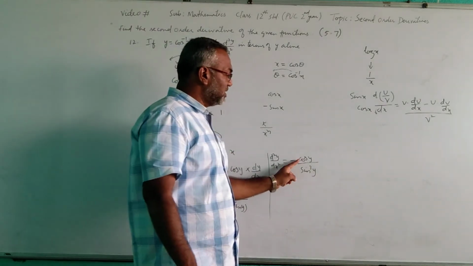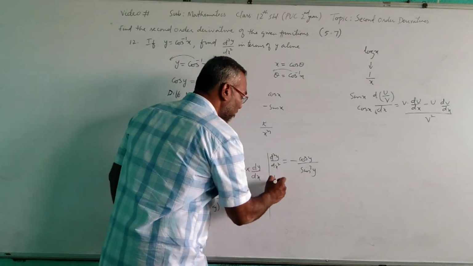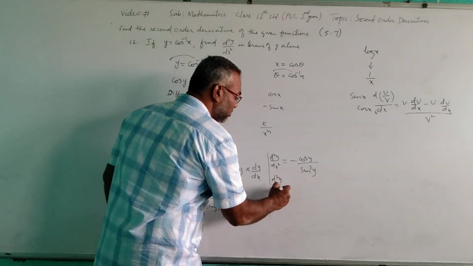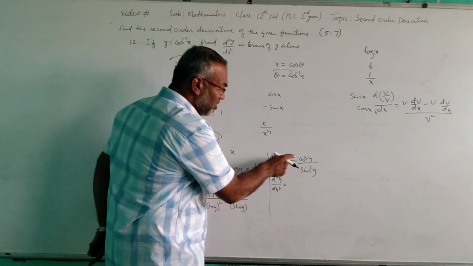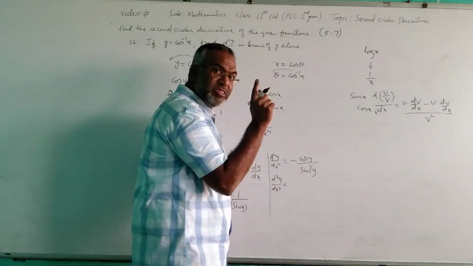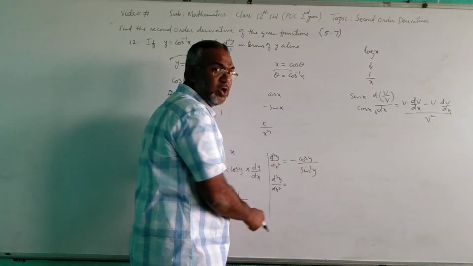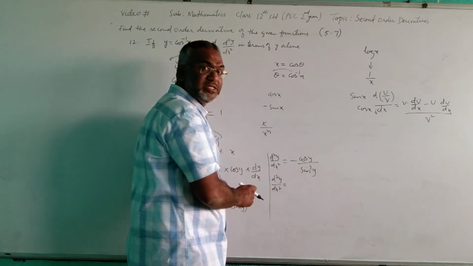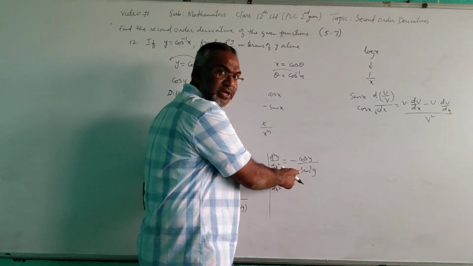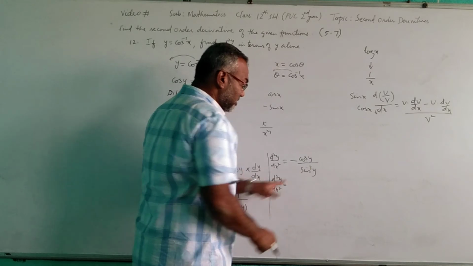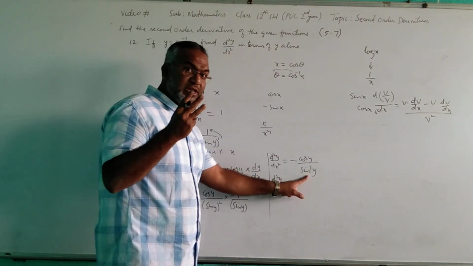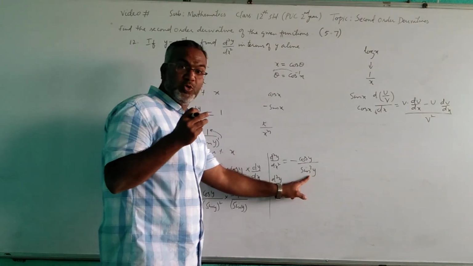Or you can simplify like this. Some more simplification: d square y by dx square will be equal to cos y divided by sin cube y. Take one sin from here, cos by sin is cot. There are 3 sin here, sin cube is there, right?